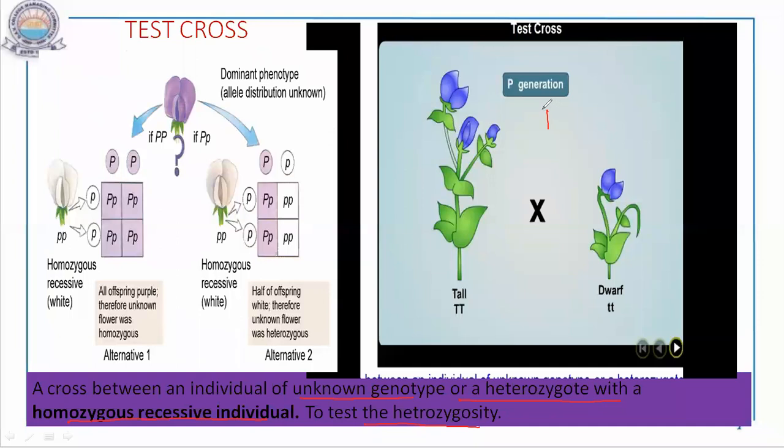Capital T, capital T, and capital T, small t. Very good. These all denote that the plant is tall. These are the possible genotypes.